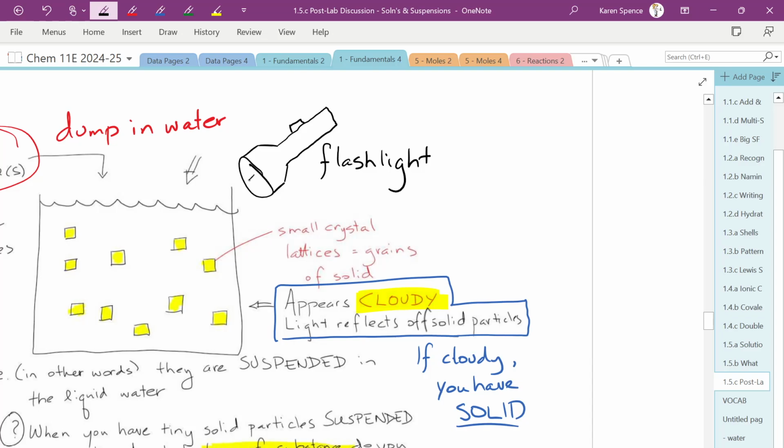It goes bonk. And what happens when it bumps into a solid particle? It reflects and bounces. Okay? So all the light coming out of here, some of it goes through, right? Which is why you do see some light coming through, unless there's like too many solid particles. But a lot of the light is going to hit little particles and get scattered.